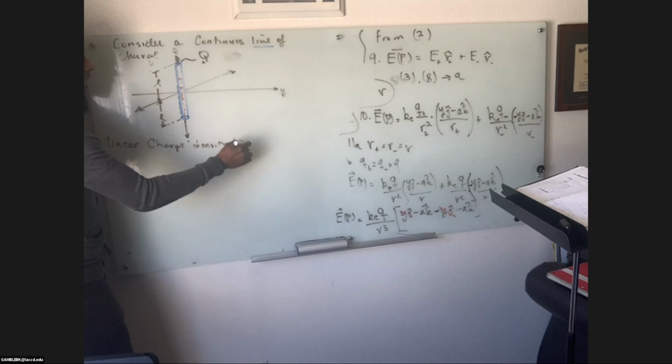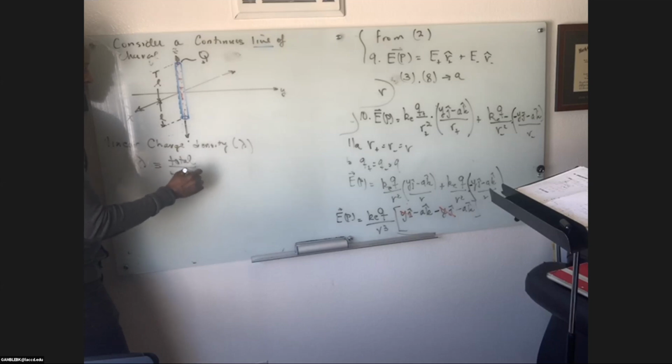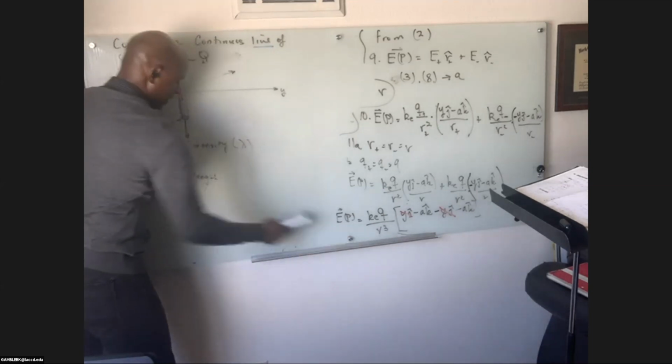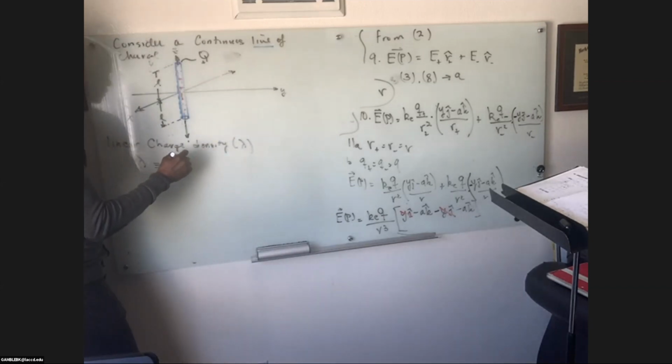The symbol is lambda, and we define lambda as total charge over the total length, which in this case is 2L. Let's just say charge over length.